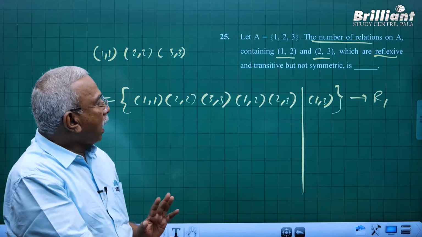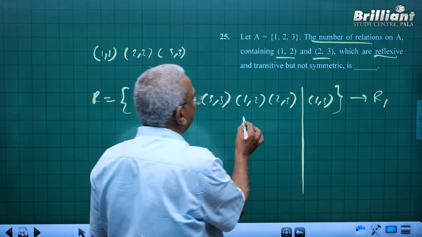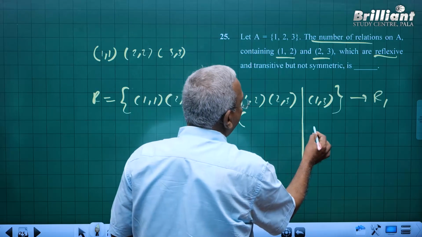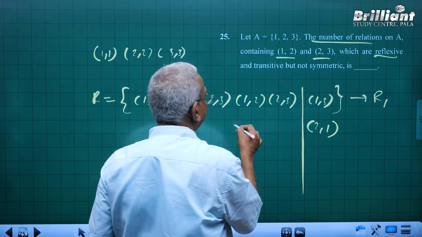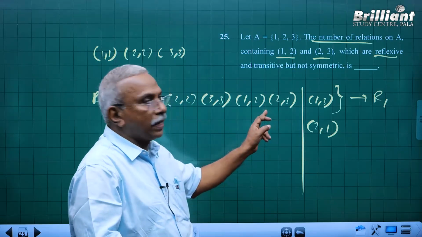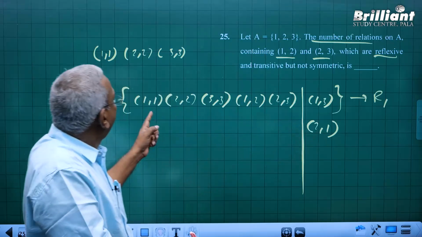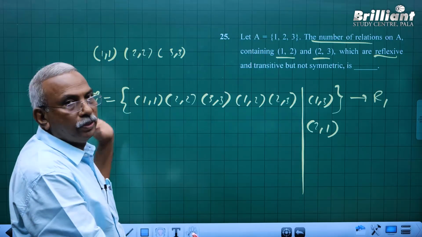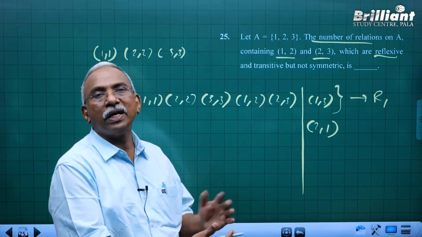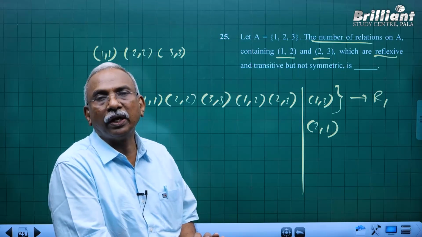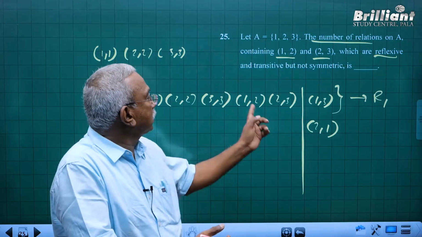Now look at this. I just add one more term. Here I add (2, 1). Because (2, 1) is added, this will provide (1, 1). So it is transitive. Because there is an element (2, 3), and along with this (1, 3) is there.